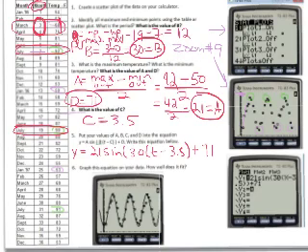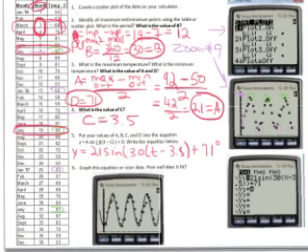If you were to graph this in your Y equals, you would see that this equation fits our data very, very well. Okay, so what I want to do now is explain in real-world terms what each of these values means so that you'll be ready for the word problems and the test.